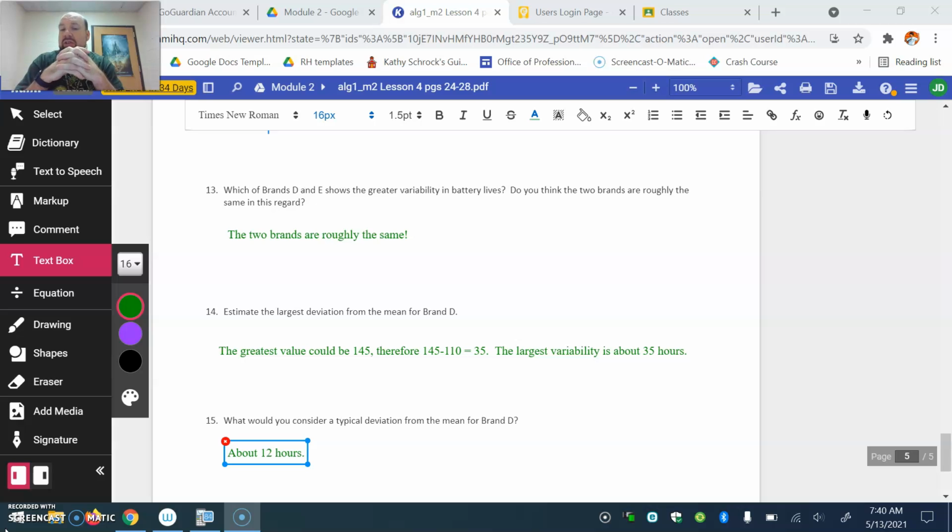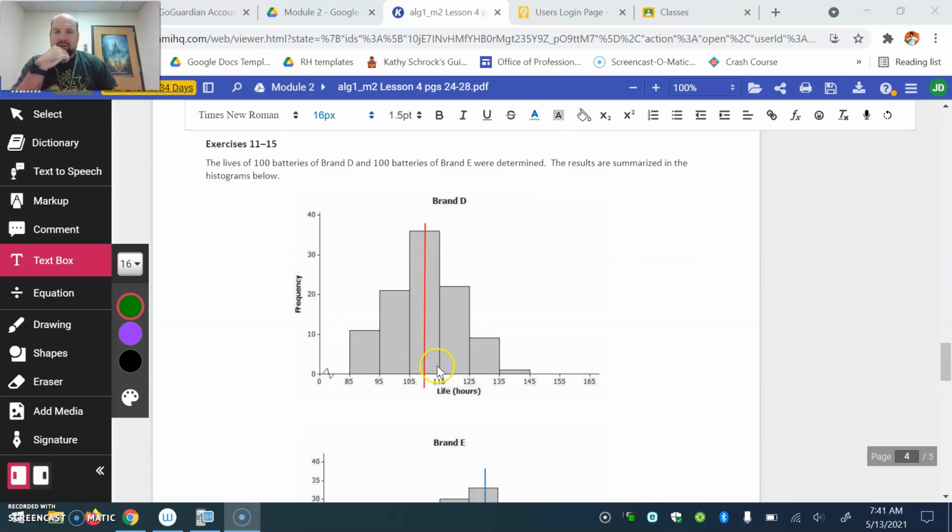Estimate the largest deviation from the mean for brand D. So here's what I said. I looked at my graph for brand D, and I looked where it could possibly be the furthest away from the middle. And what I see is this interval 135 to 145. Now, we don't know.